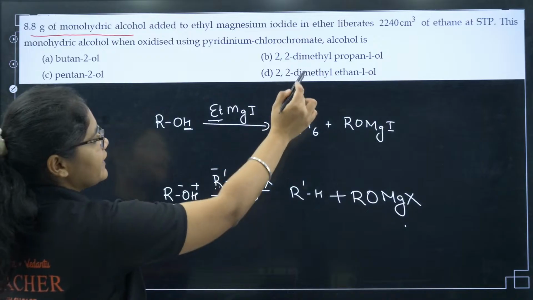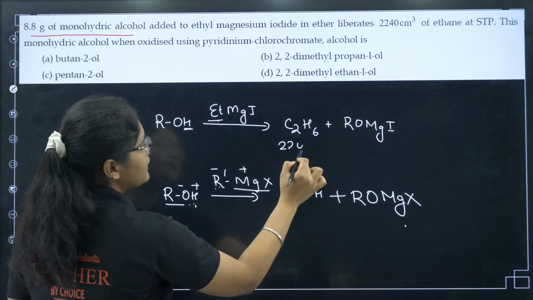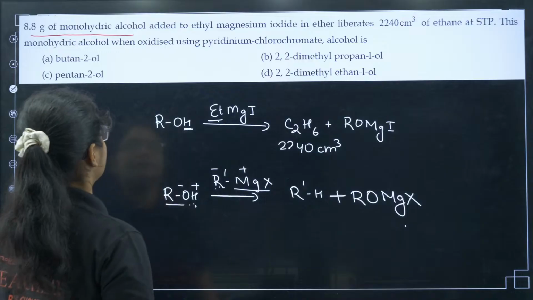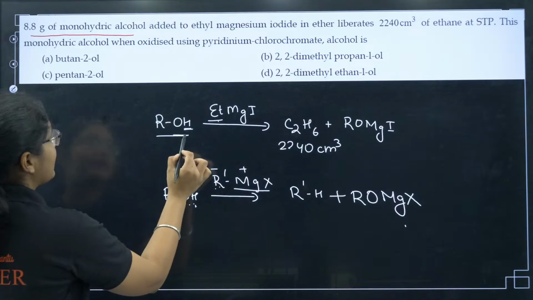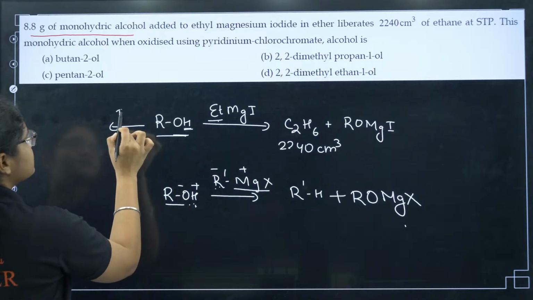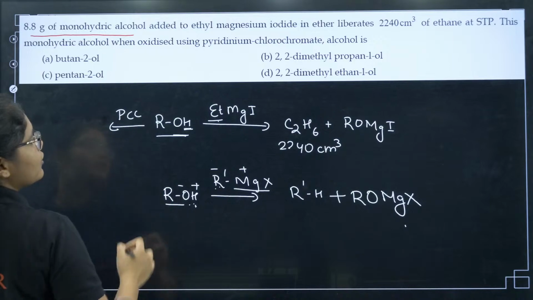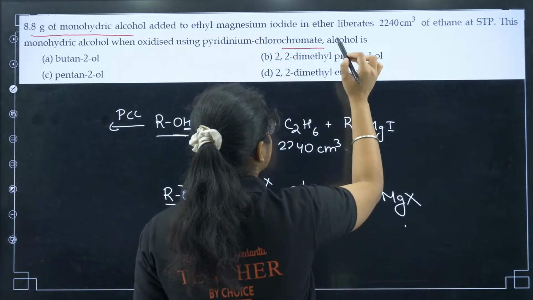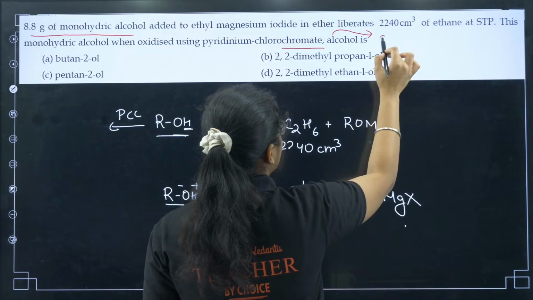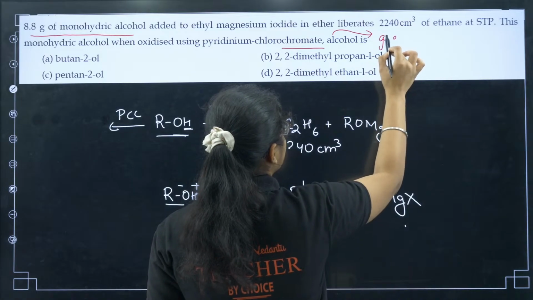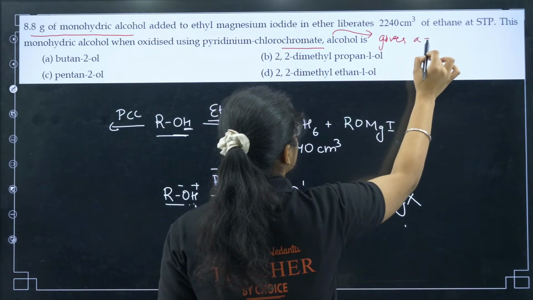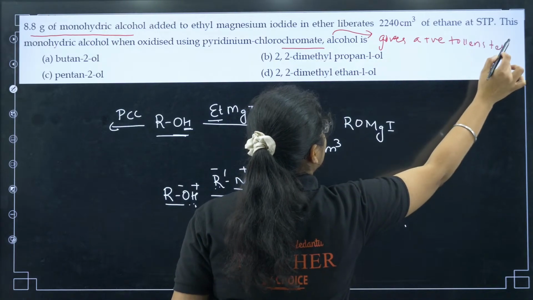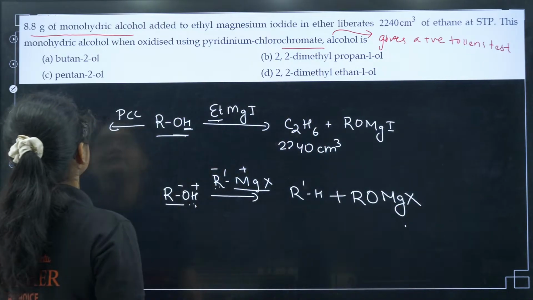Now it liberates 2240 centimeter cube of ethane, this much ethane is produced at STP. Now this monohydric alcohol, when it is oxidized using PCC, the question is actually incomplete. When it is treated with PCC, it gives a positive Tollens test.